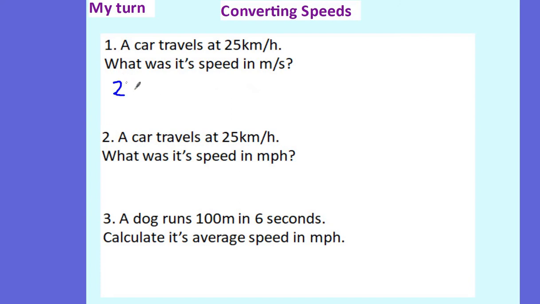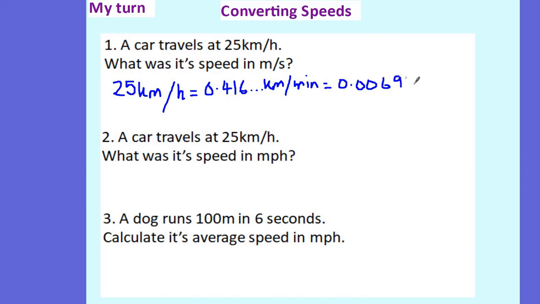So 25 kilometres per hour is equal to, if I divide that by 60, 0.416 kilometres per minute, and that's equal to, if I divide that by 60, 0.00694 kilometres per second.